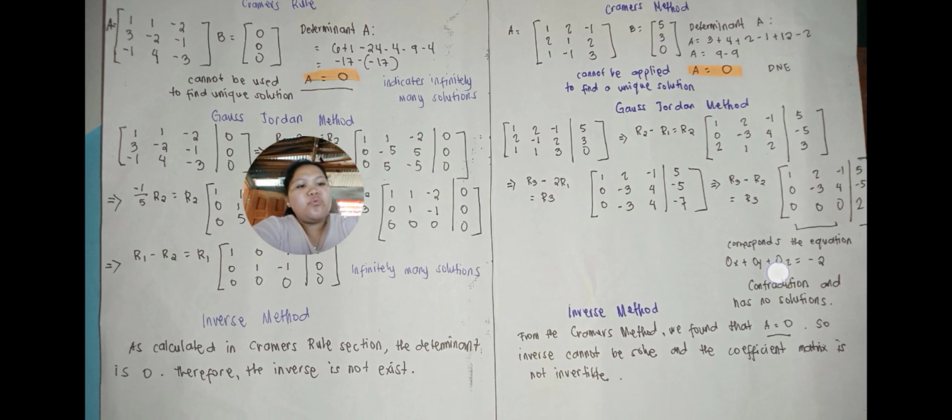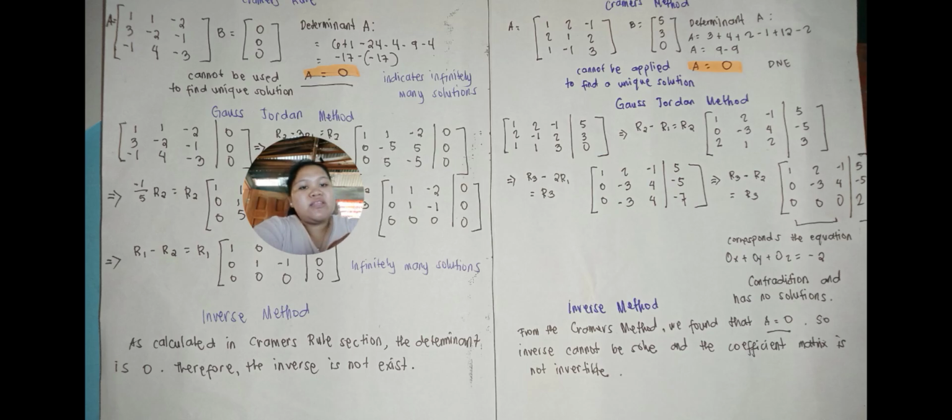So we cannot expect the inverse method to exist. From Cramer's method, the determinant is again 0, so the coefficient matrix is not invertible.